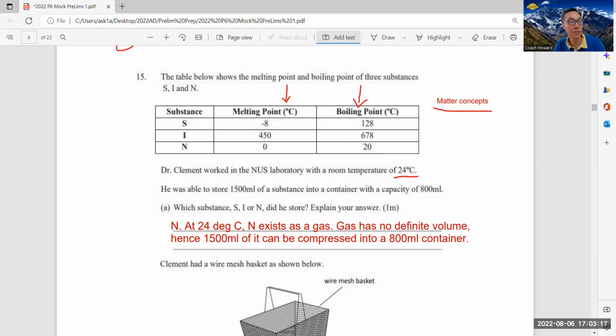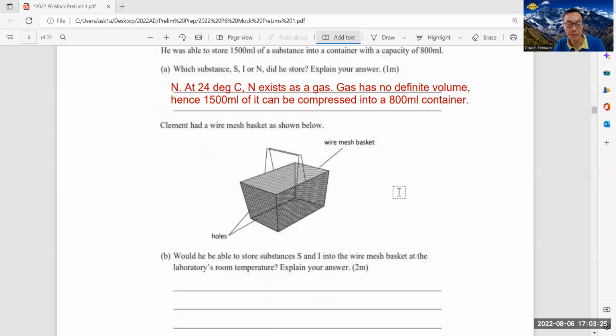So this is the answer for this, and I'll send to you now. Okay, next, they ask you, would he be able to store S and I in the wire mesh? So the wire mesh has holes, at the laboratory room temperature.